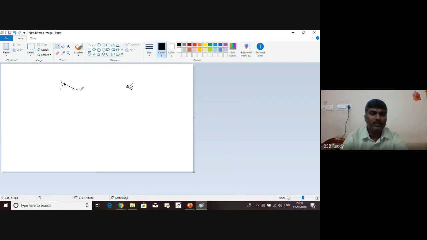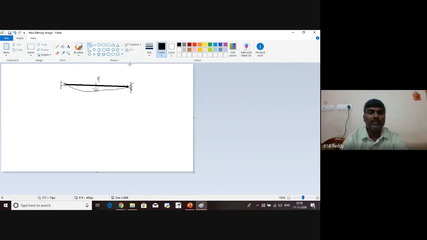This is the cable, and before you load it, it has some curvature. Once you apply the load on this, what happens? This is the line joining the supports.